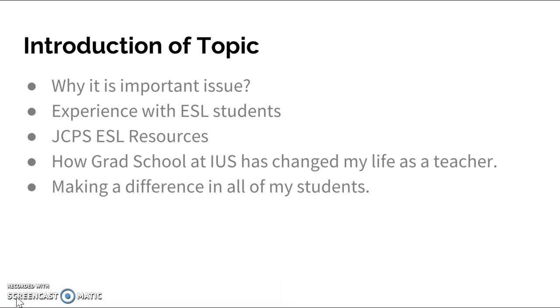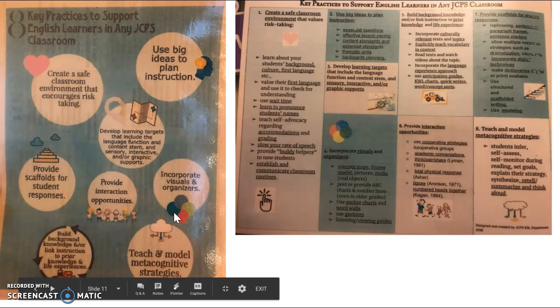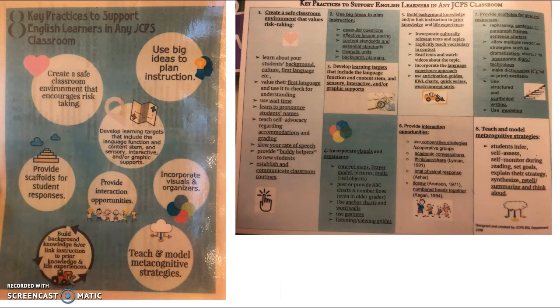One of the resources that JCPS and the ESL department provides for us is this great little laminated handout that you see on the screen. It's 8 key practices to support English learners in any JCPS classroom.